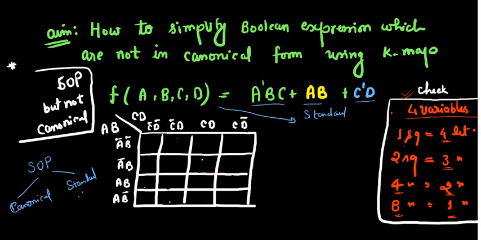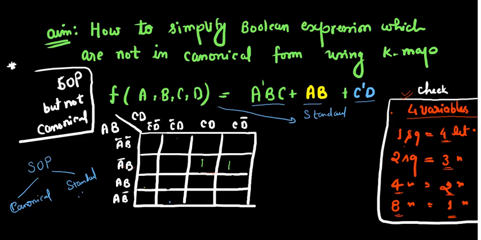So we should write 1 in these boxes. This combined box would represent A prime BC, and you can see that two squares correspond to three literals.